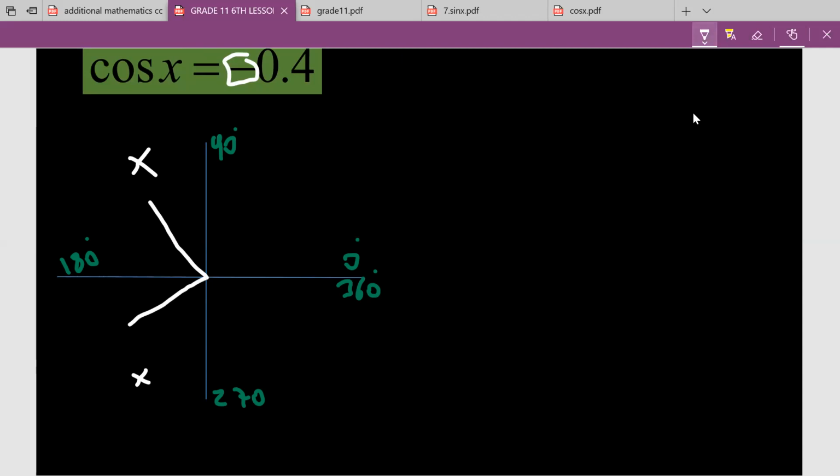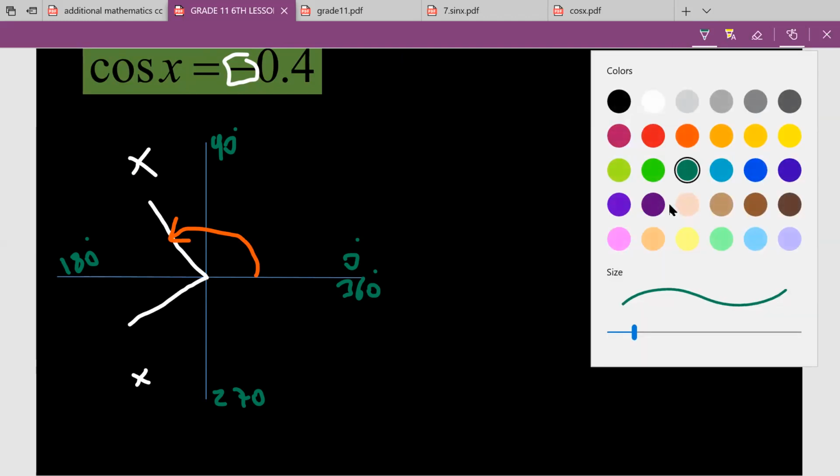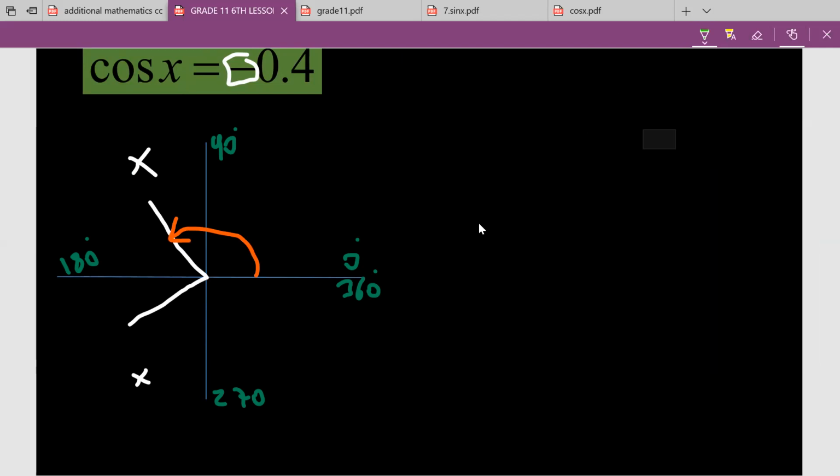So the first angle will be from 0 to the second quadrant, first solution, and the second solution I will draw with green, in the third quadrant. We will find these angles.